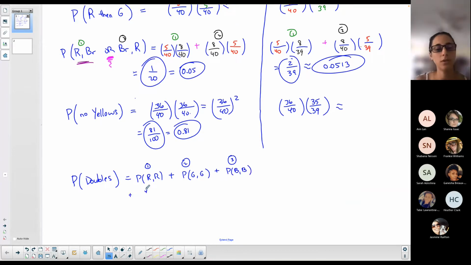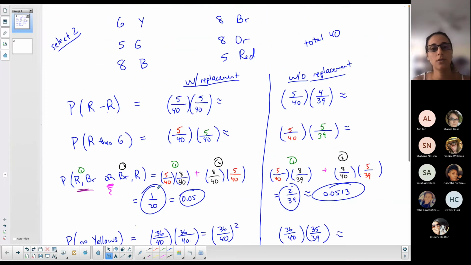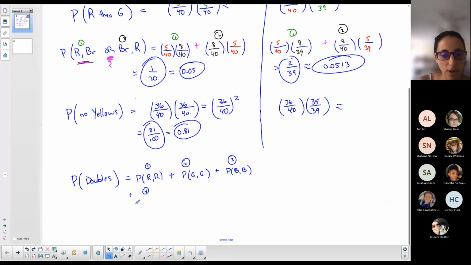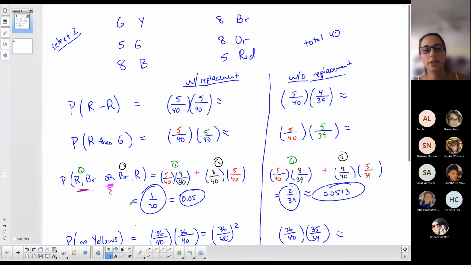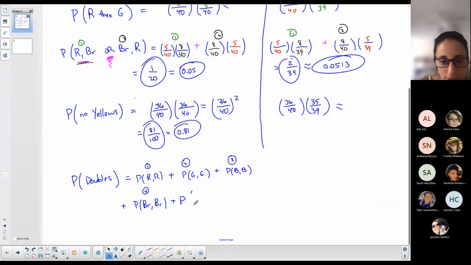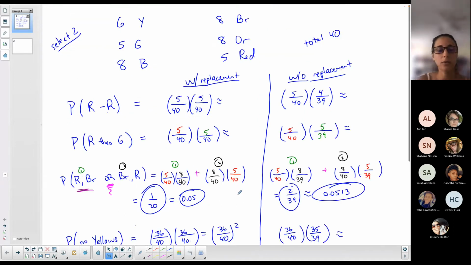Or the fourth, brown, a brown and a brown. Then orange and then an orange, and then yellow. Oops, I forgot yellow. Do I have everyone? 5, 6 ways that I can get doubles.